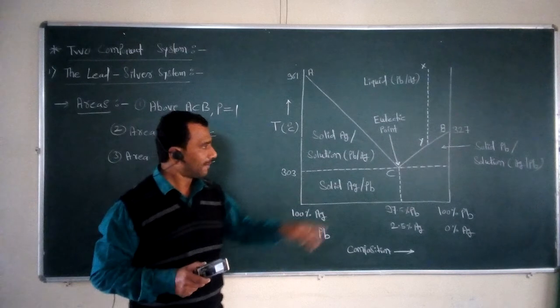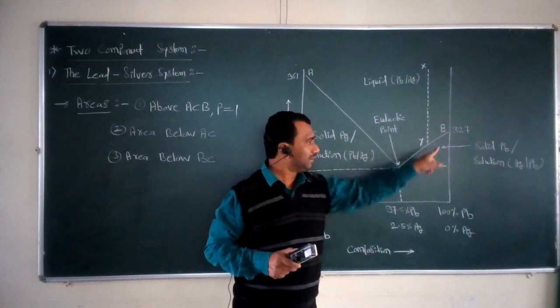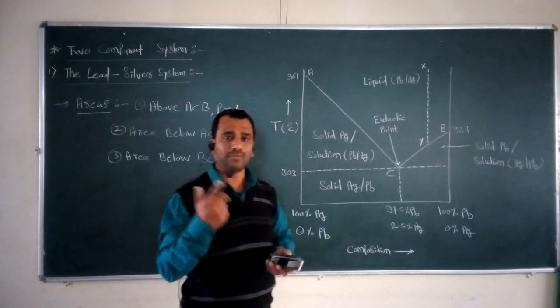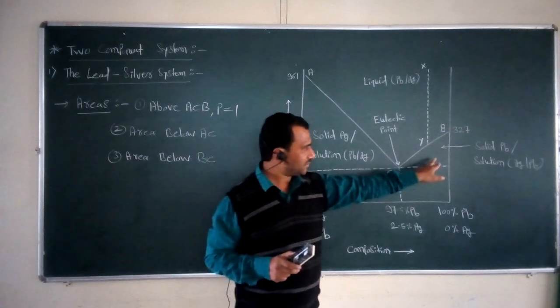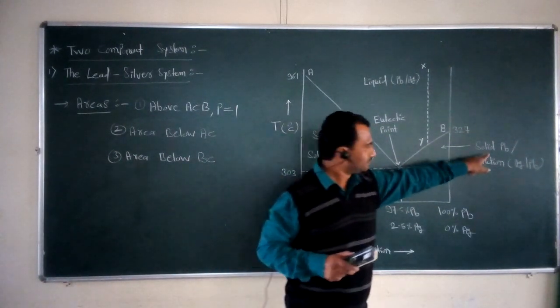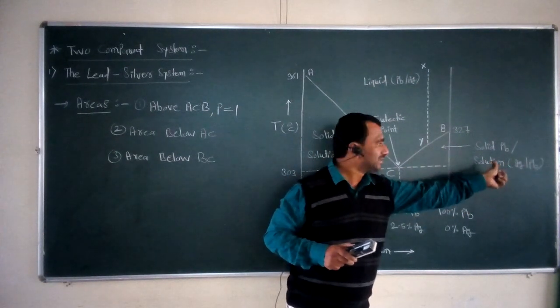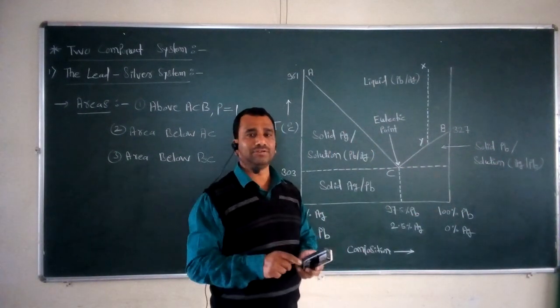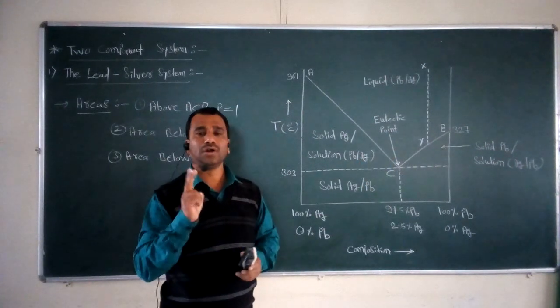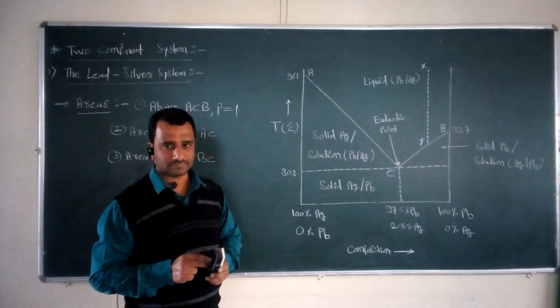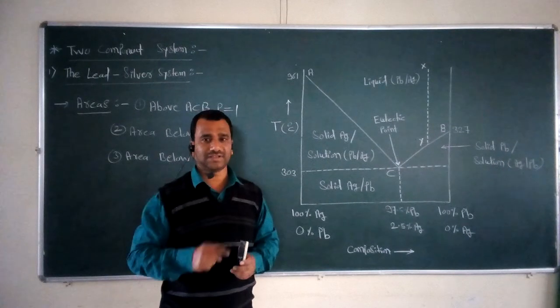In the same way, below the area BC, how many phases are present? The first phase is solid lead, and the second is a solution of silver and lead. So below this area BC also, two types of phases are present.